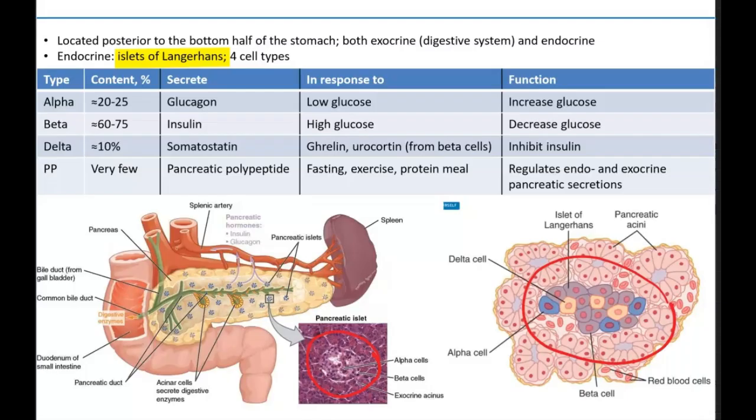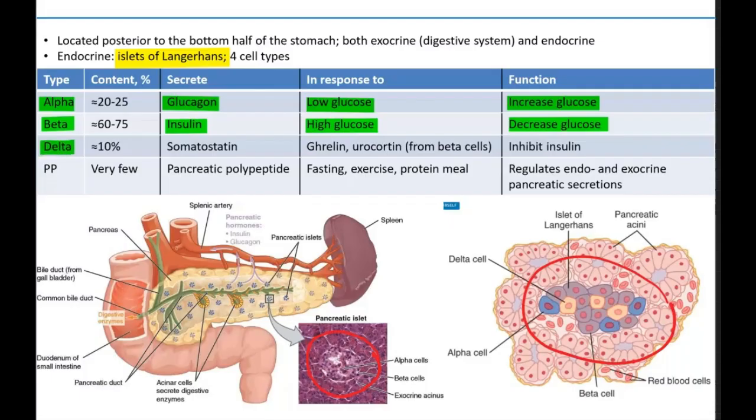Okay? So what are those cells? Alpha cells secrete glucagon, a hormone that increases your blood glucose in response to low blood glucose. Beta cells produce insulin, which decreases glucose concentration in the blood in response to high blood glucose.